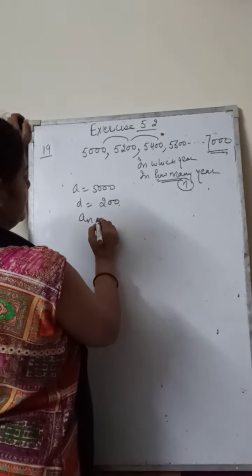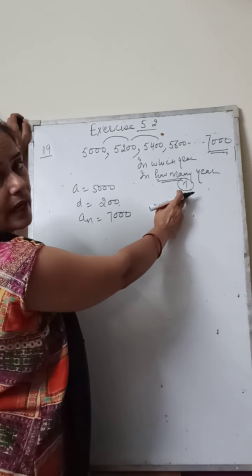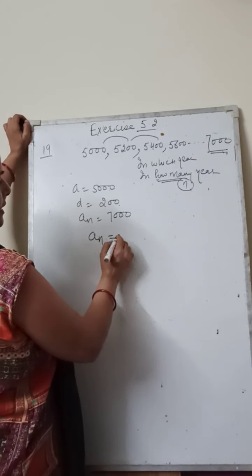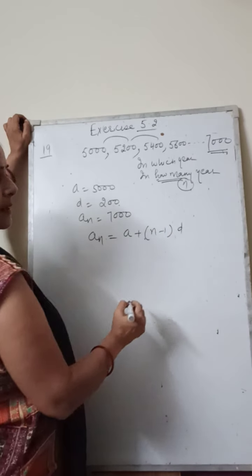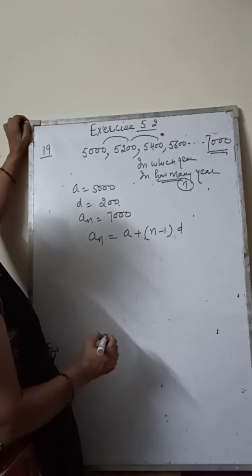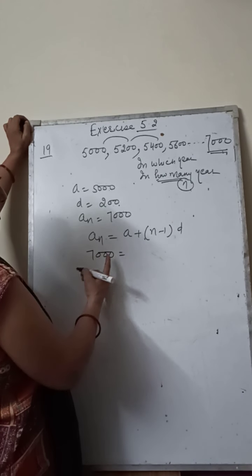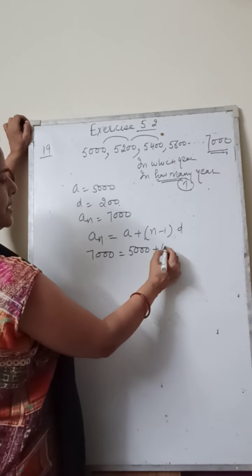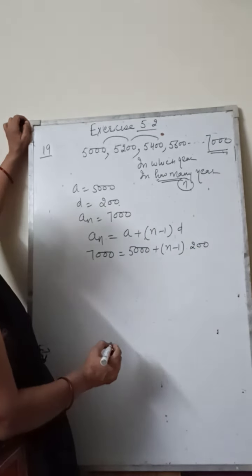Last term is 7,000 and you have to find n. So what formula will you use? An is equal to a plus n minus 1 into D. An means I want 7,000 in the last. A is 5,000 plus n minus 1, D is 200.